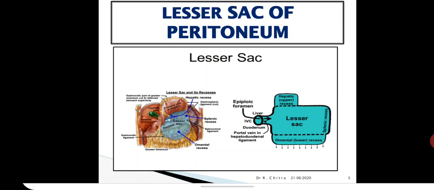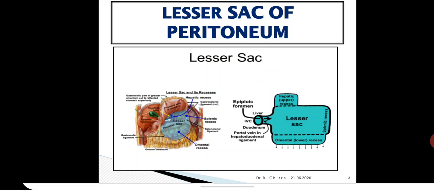Now we will see the shape of the lesser sac. The outline of the sac resembles somewhat an empty hot water bag. In the previous years they used to use hot water bags. So the lesser sac shape resembles that, but in a hot water bag usually the opening of the bag will be at the top.